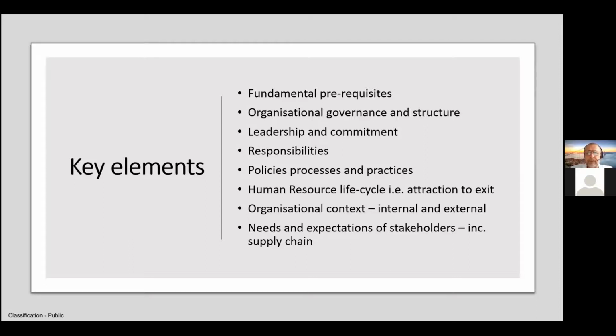That includes leadership, commitment, identifying responsibilities at different levels, having the right policies, processes, and practices in place, and talking about the human resource life cycle. I went through that big circle with you. It's about attraction to exit, so the whole getting in, getting on, and getting out.